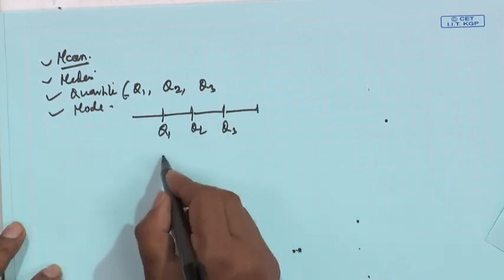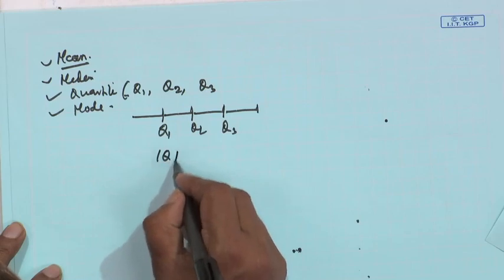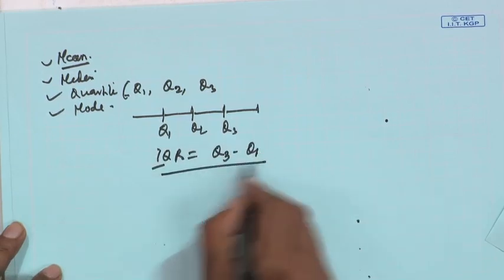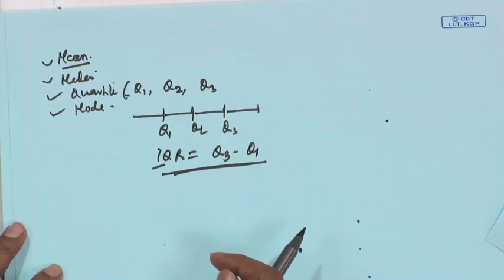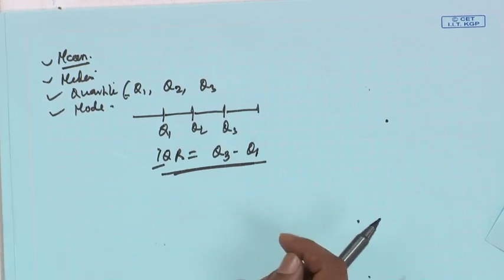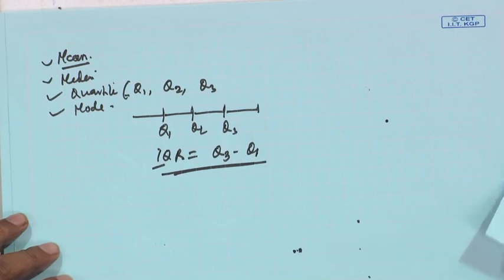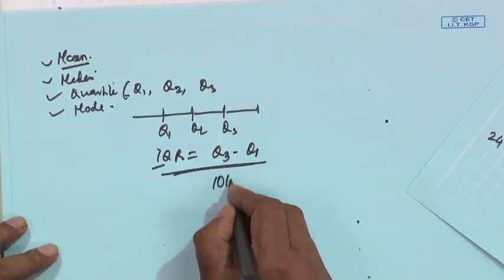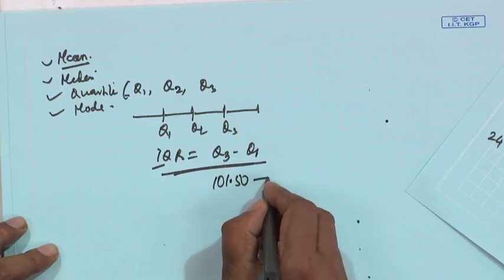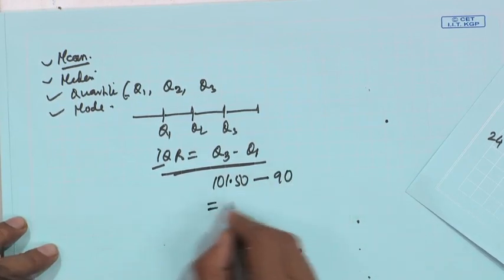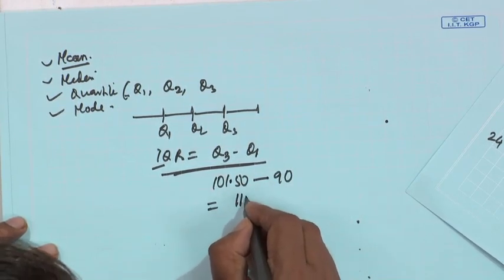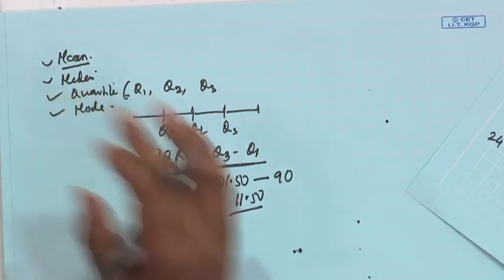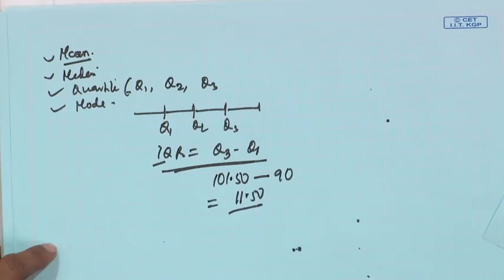So, Q3 minus Q1 is known as IQR, the interquartile range. Given this data, the quartile values are Q3 is 101.50 and Q1 is 90. So, that means the interquartile range is 11.50. Okay, I hope that given data you will be able to compute all those things.